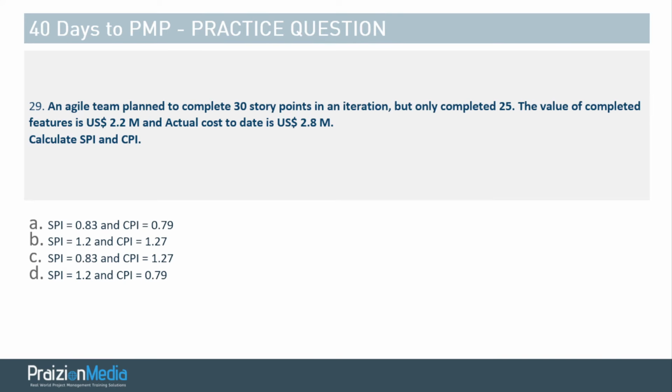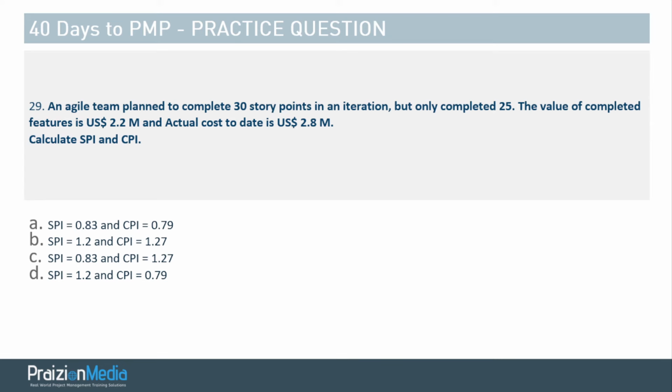Another question. I'll let you read it. Hit the pause button if you need more time. Okay. So the best answer to this, the SPI, if you calculate it, it's 25 divided by 30.